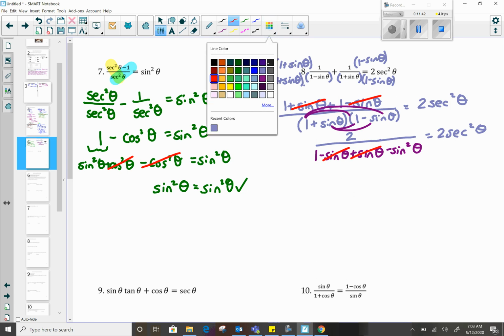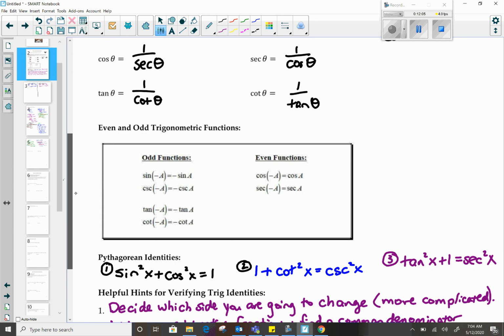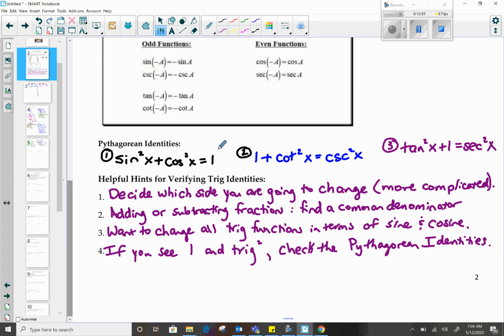Okay, and what I end up with in the next step is 2 over 1 minus sine squared theta equals 2 secant squared theta. Now look at this. I see a 1 and I see a sine squared. So if I go to my Pythagorean identities, the 1 and the sine squared is in the first Pythagorean identity.